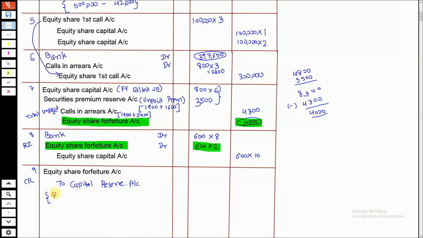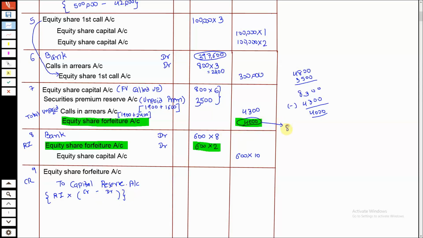You will have to first of all write how many shares are getting reissued, multiply with per share what is share forfeiture credit, and minus how much share forfeiture was debited.